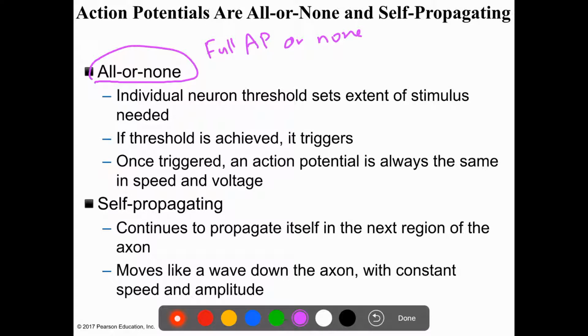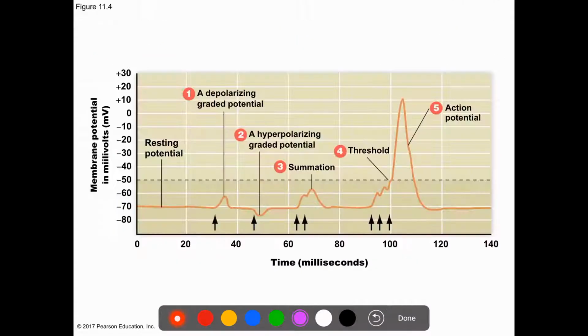If the changes reach the threshold, then it triggers. But if the changes do not, then there is no action potential. See here, for example, these are some changes in the membrane potential, but they are not reaching the threshold. Then there is no action potential. But if the changes arrive at the threshold, then we will get an action potential.